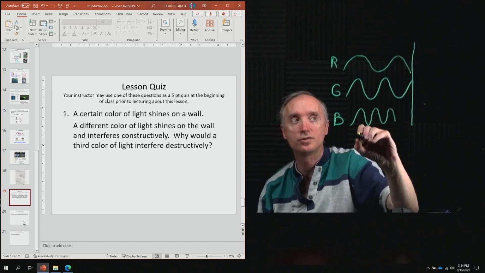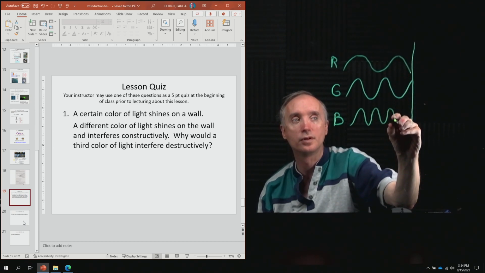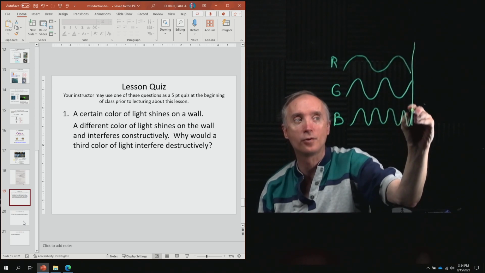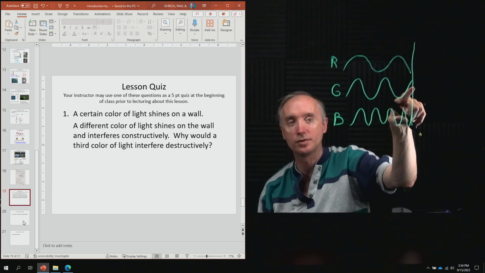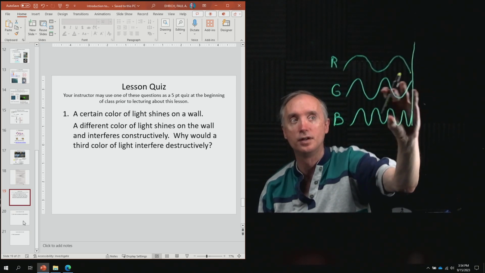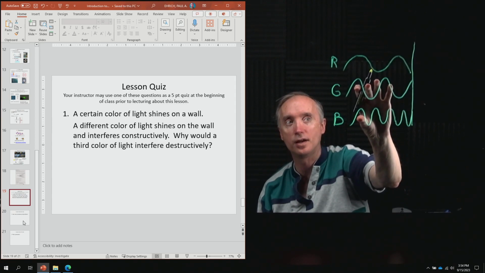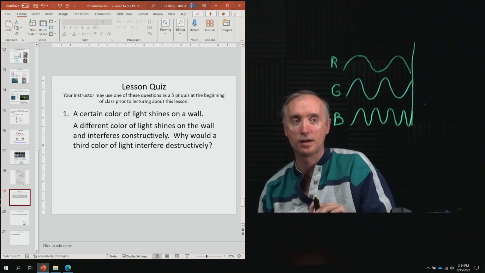And I'm going to draw it so that when this one's going up, the other one's going up, at the same time. And so this would be constructive if you added these two colors together, but it would be destructive if you added these two colors together.